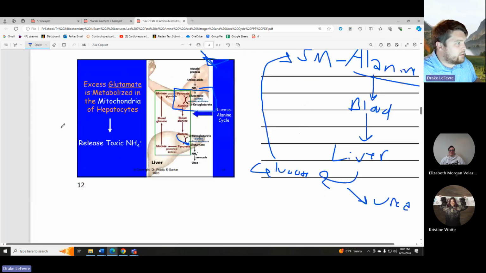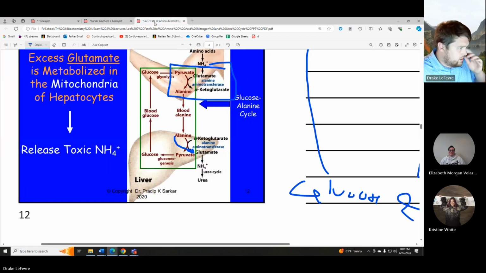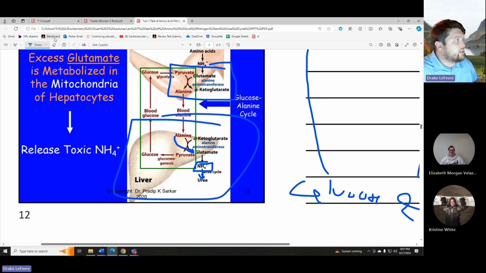We look back at this one, glutamate right here, releasing everything. Or did it come from urea inside of the liver?